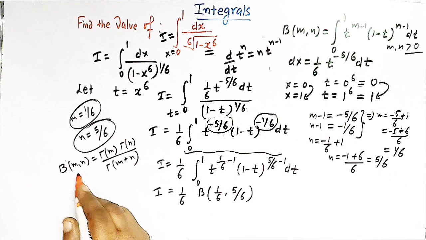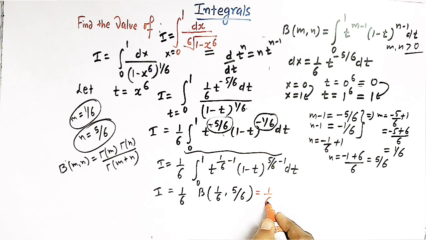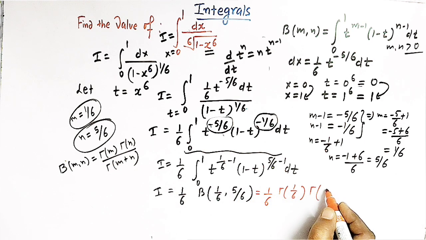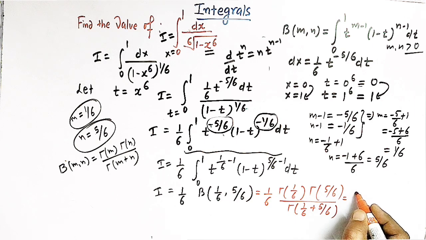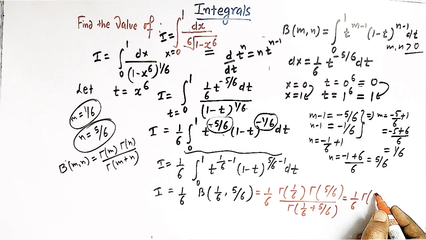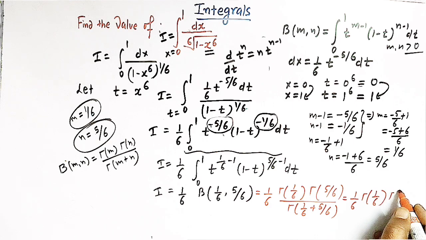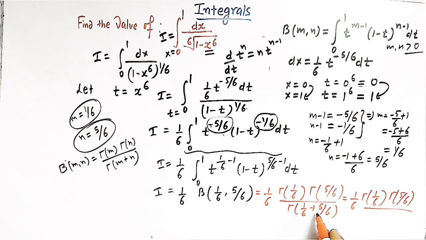So now using this relation, we can now write 1 over 6, then we have gamma 1 over 6 times gamma of 5 over 6 divided by gamma of 1 over 6 plus 5 over 6. So now we can write 1 over 6, then this is gamma 1 over 6 and gamma of 5 over 6 divided by gamma of 1 over 6 plus 5 over 6 is 6 over 6, that is equal to gamma 1, and gamma 1 is equal to 1. So here we have 1.